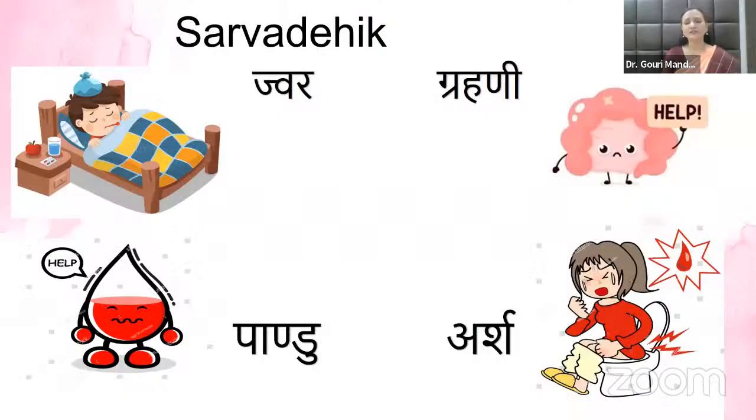So you will be thinking, what is the role of Arsha in this infertility? So Arsha is in the area of Apana Kshetra, that is Apana Vayu ke Kshetra mein aata hai, और infertility, that is the fertile या त्रैवर्ता योनि, वो भी जो है वो अपान के क्षेत्र में आती है.